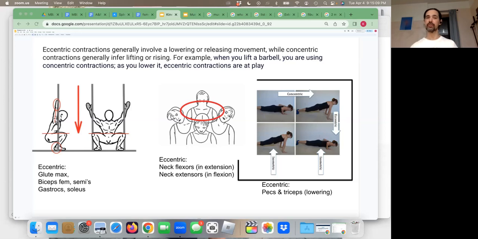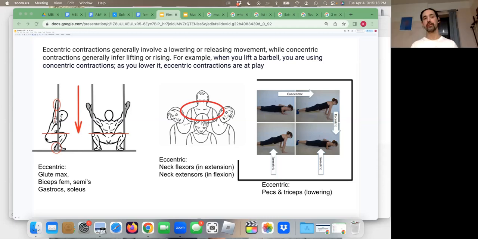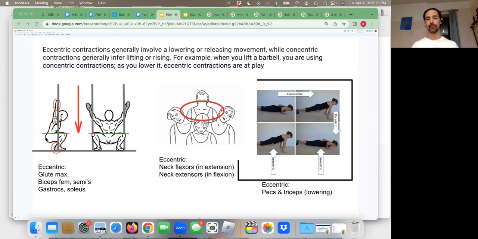Are the glutes shortening or lengthening? Shortening. So which is the agonist and which is the antagonist, Stephanie, the hip flexor or the glute, when you're standing up?